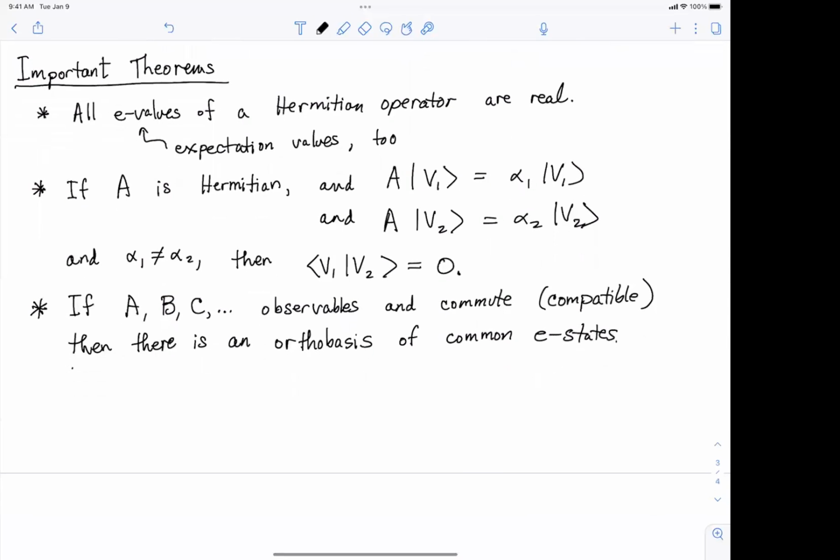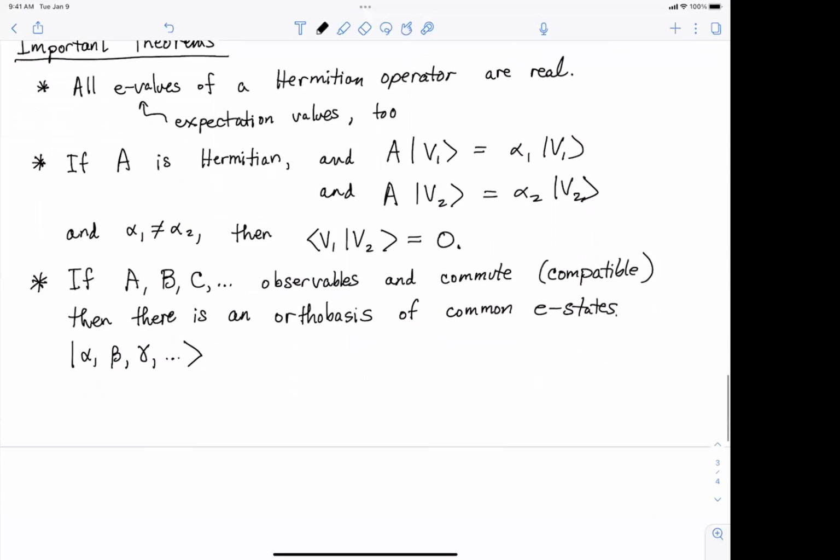And so we can write them like this: alpha, beta, gamma, those are the eigenvalues. This theorem doesn't necessarily tell you how to find them. You might have to do some work to find them, but you're guaranteed that such a thing exists.